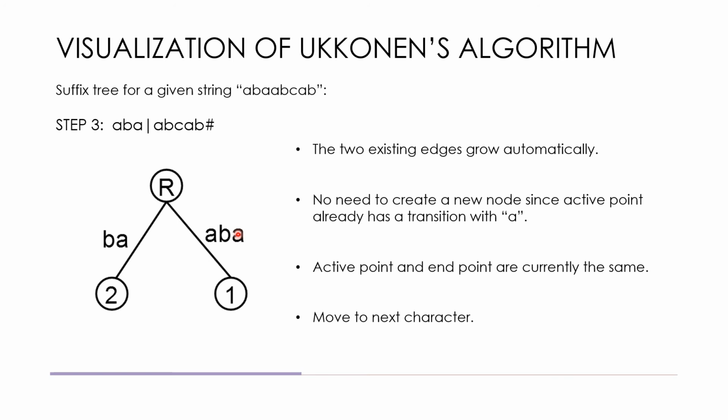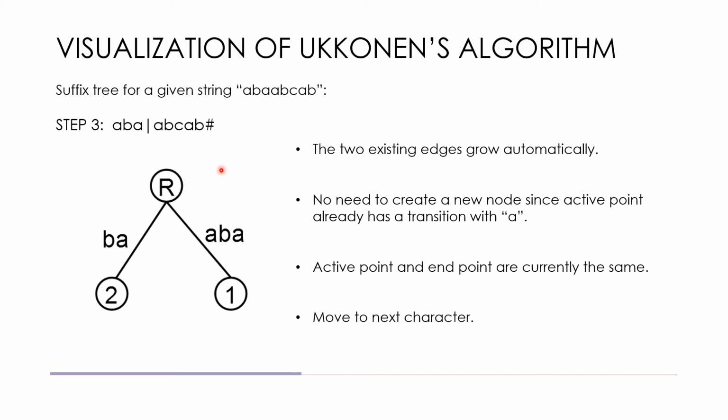So now we're looking at the character a. What we have to do here is we add it to the path labels, and we notice that our active point already has an edge with the character a, therefore we don't need to create a new node.